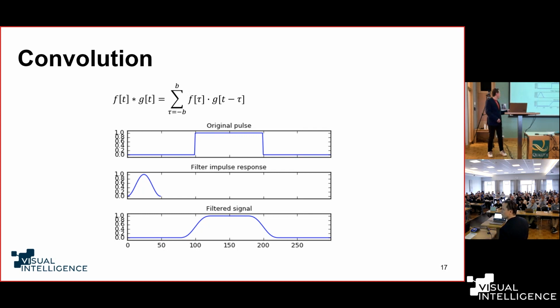I apply a convolution on that. That means I'm flipping this, running it slowly over the signal, and doing multiplication and summation over every time shift when I'm multiplying these two signals. Then I will have a filtered signal like that. And this is the basic building block. And this is local. So now I only have these filter parameters to estimate, and the filter applies to the whole data.